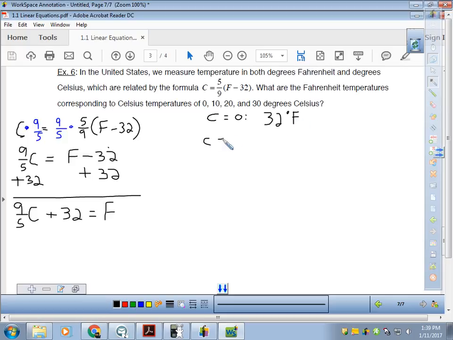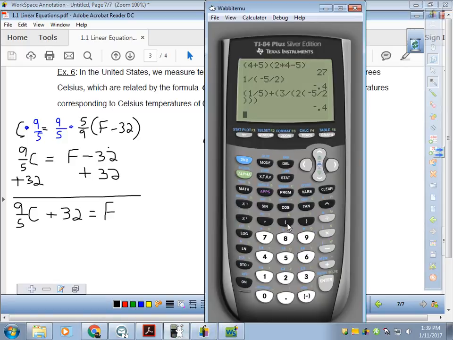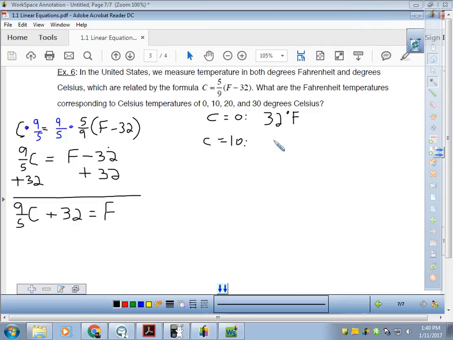All right. When c equals 10, well, we can actually use our calculator. So I can say parentheses 9 divided by 5, close parentheses, times 10 plus 32, and I get 50 degrees Fahrenheit.